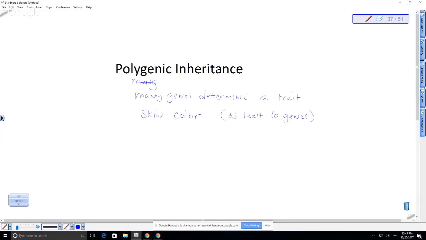Okay. So I'm just going to look at 3 genes. This is a model, and I'm just going to label them A, B, and C. I'm going to say that the dominant A, B, C alleles code for melanin.